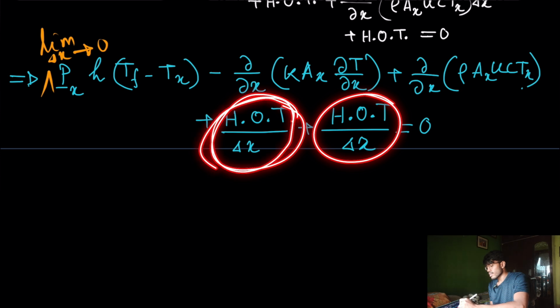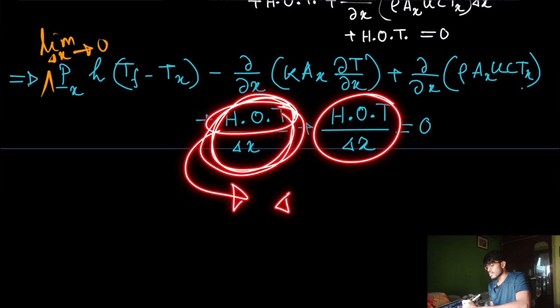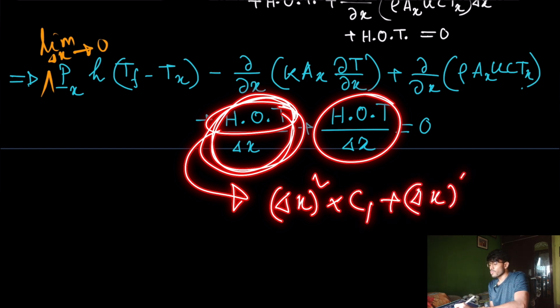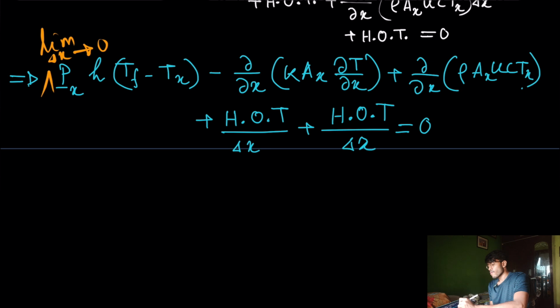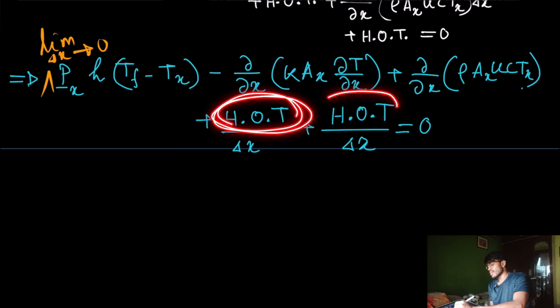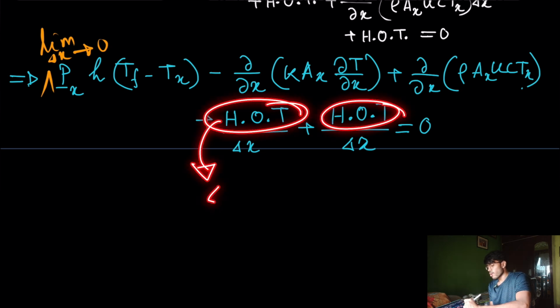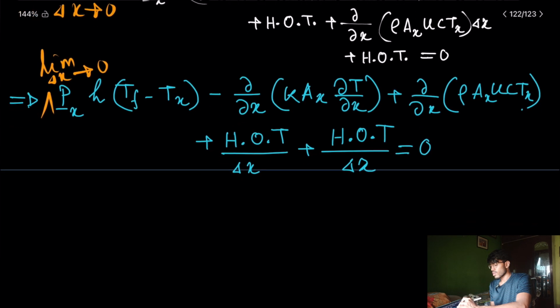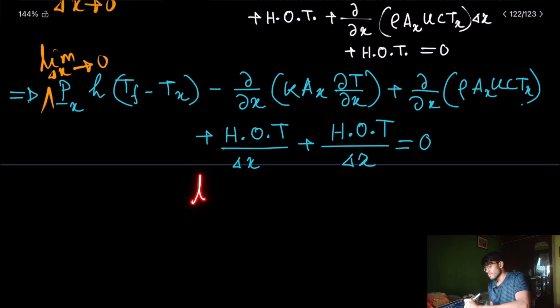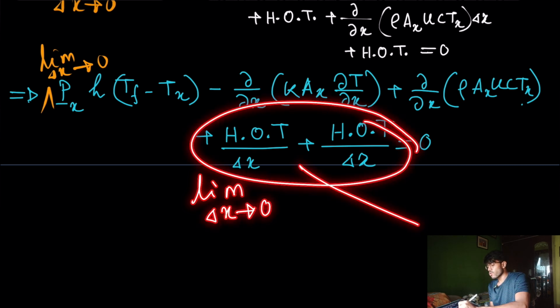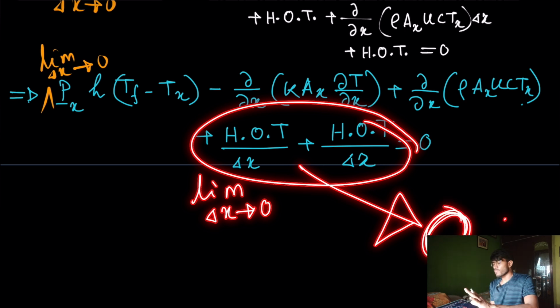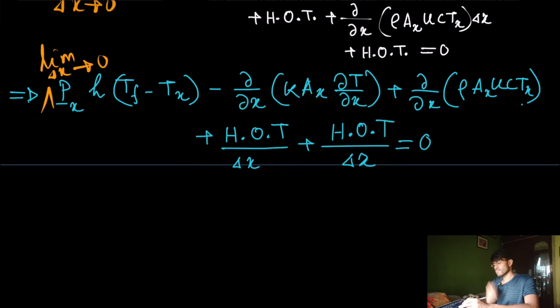Okay, so now this HOT means it is having delta x square into something, maybe a constant C1, plus delta x cube into something, a C2. So this HOT and this HOT also, whatever these are containing, the power of delta x is more than 1. So if you apply this limit delta x tends to 0 here, then all these terms will go to 0. I hope you are getting this much of the concept, right?